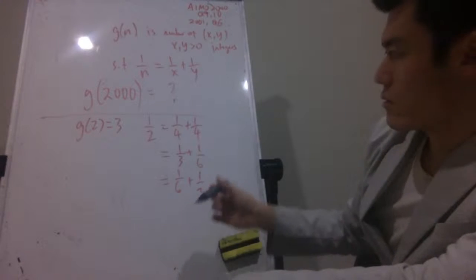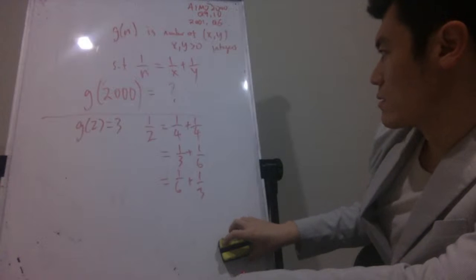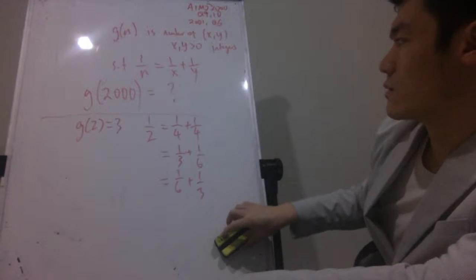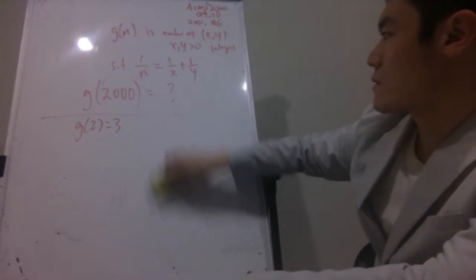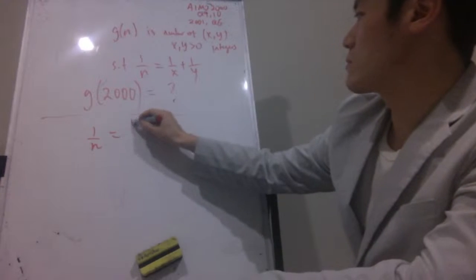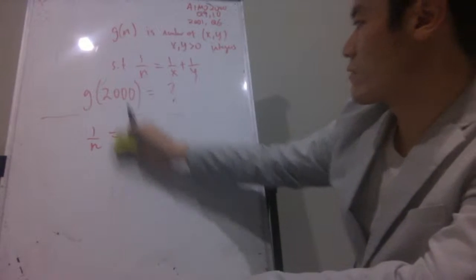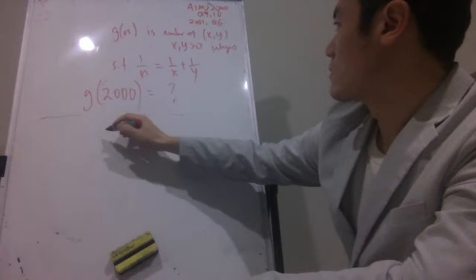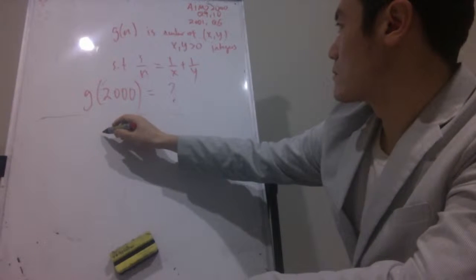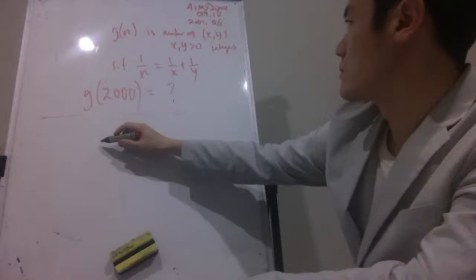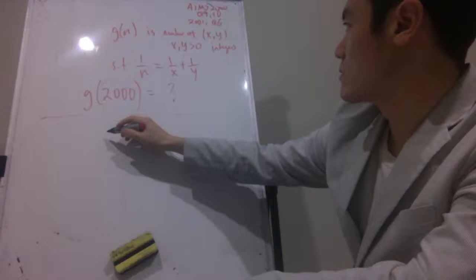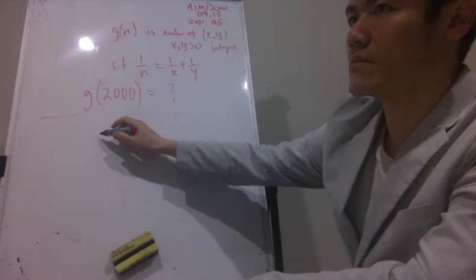But then you came up with a really good way to do this, even better than this, because it solves the whole problem. What did you have? 1 on n equals 1 on x plus 1 on y. You made everything an integer, which is a reasonable thing to do in these kinds of problems, and it works for all numbers. Multiply everything by x, y, and n, clearing the denominators.